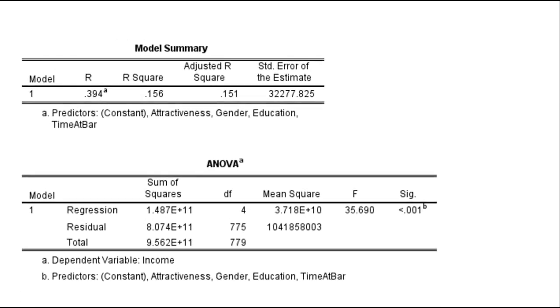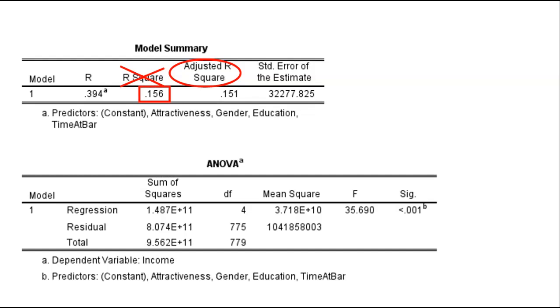When reporting how much of the variance or the fluctuation of the values of the dependent variable is explained by the model, we do not report R-squared. Instead, we report the adjusted R-squared. Now, before we talk about that, let me just spend a few seconds on R-squared. The R-squared shows 0.156.